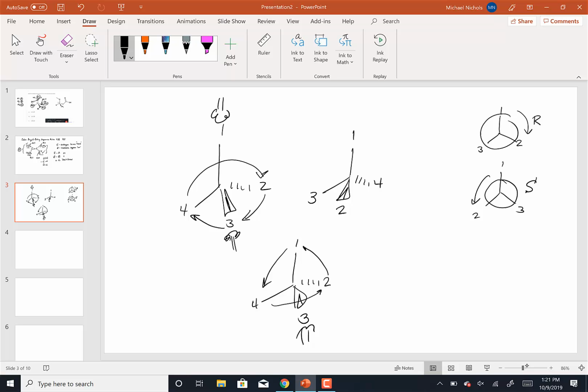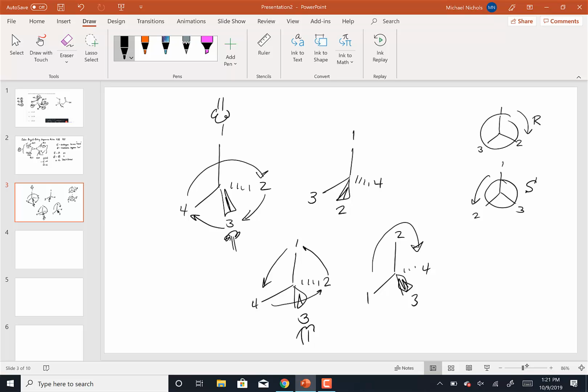Okay. So if I did that, I would end up with 4, 3 didn't move, 4 into 2, 2 into 1, 1 into 4. So now again, I've accomplished my goal of putting 4 behind me. Going from 1 to 2 to 3 is now in that direction.